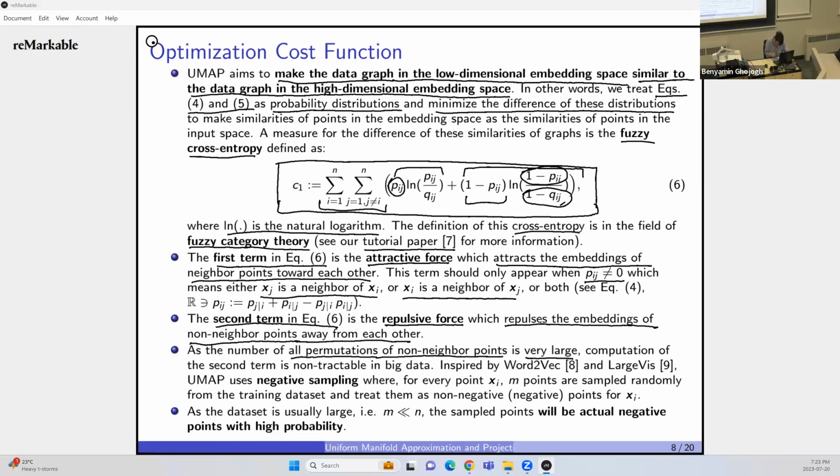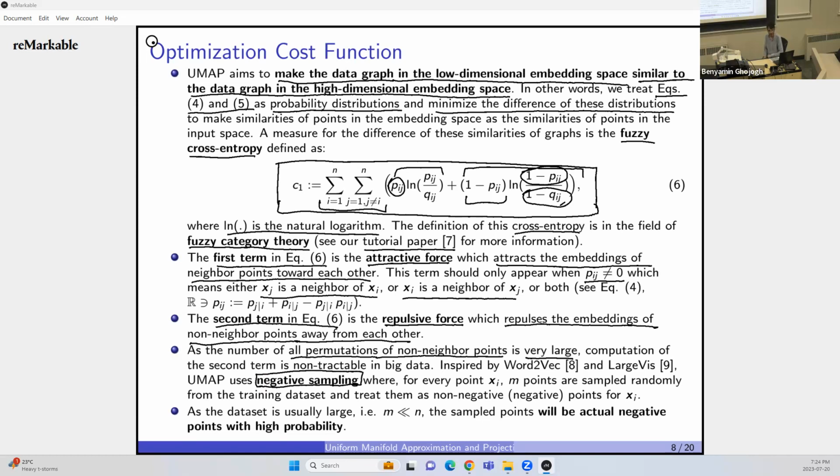Then we use a technique which we also talked about before in the course, called negative sampling. I think in the deep learning course, I talked about it in the lecture on restricted Boltzmann machine. So UMAP uses negative sampling. And what is this? This is a good, important technique in machine learning.